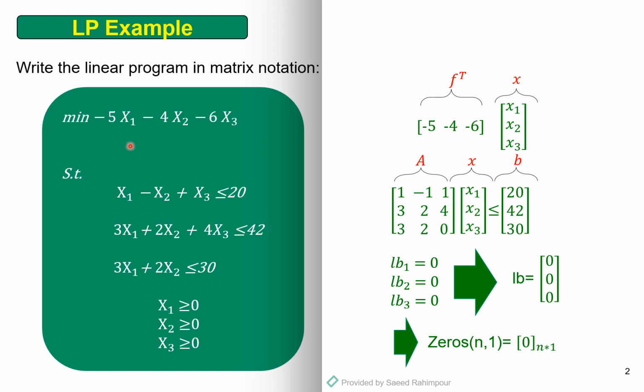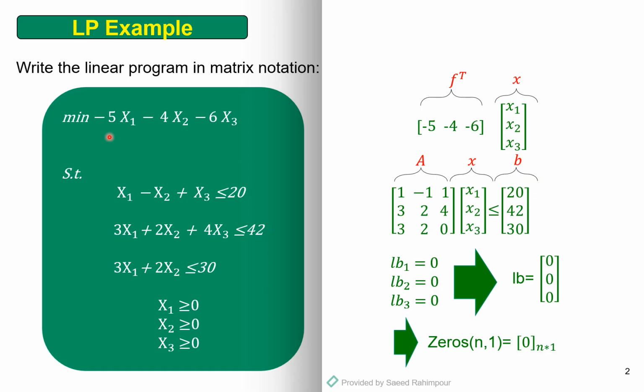As can be seen, we start from the objective function, which is a minimization. Therefore, we extract all the coefficients of the variables as one matrix, and the other matrix shows us which variables we are considering in our objective function.